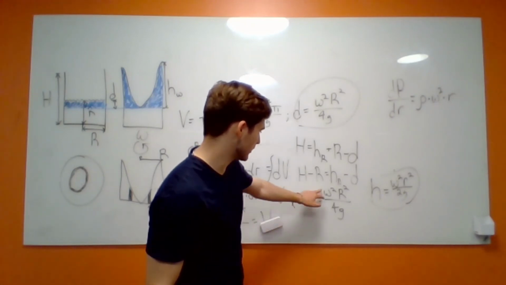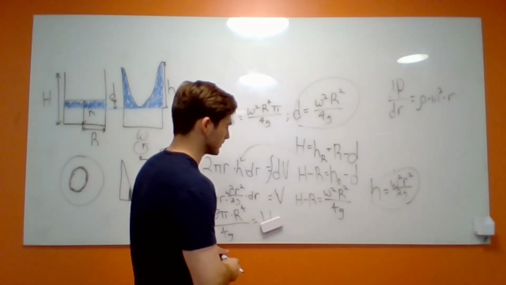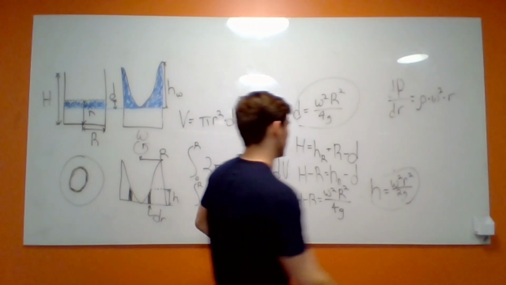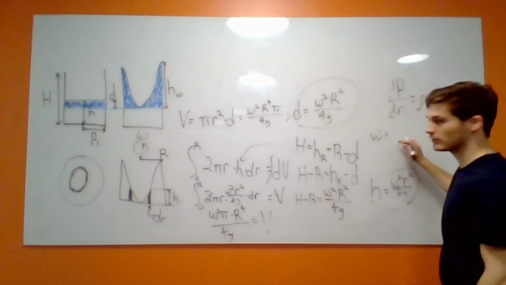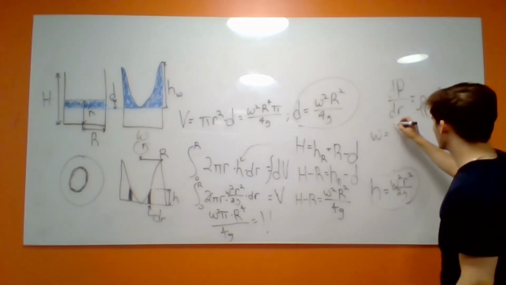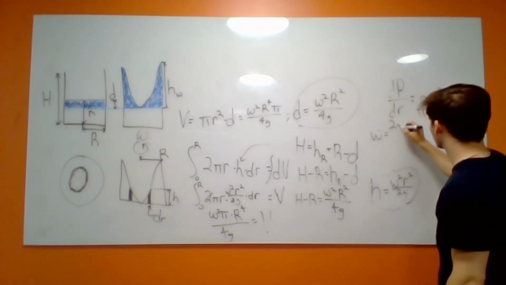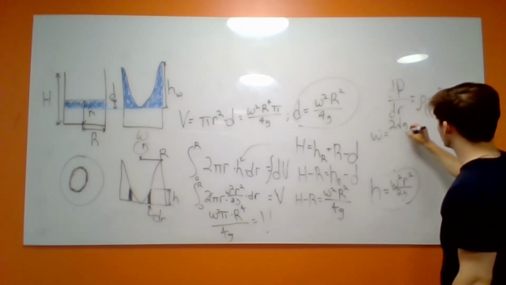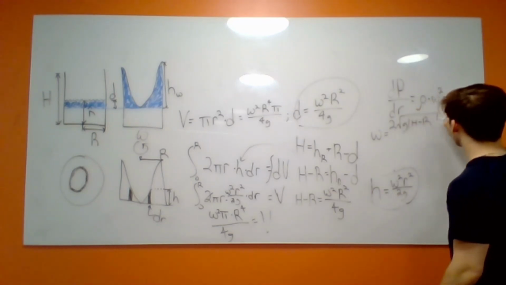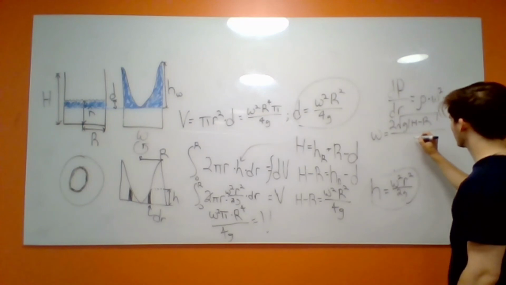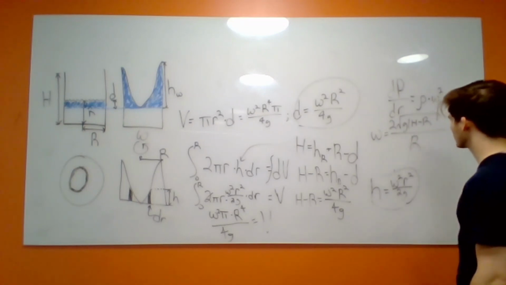And from here, we can just solve for the angular frequency. So the angular frequency just ends up being equal to 2 times the square root of g times h minus r, all over r.